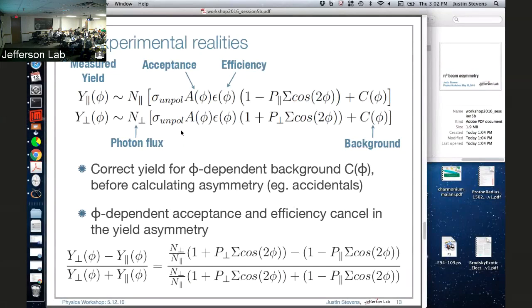So something like this is closer to the functional form of the fit you would be using to extract the full asymmetry, once you've either normalized the yields to account for these factors or included them in the fit. This is more of an experimental reality, and the next exercise is to go through and look at a case where this acceptance and efficiency are really non-uniform and see how they cancel in the extraction of the asymmetry.